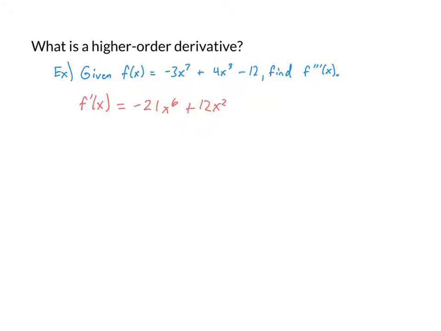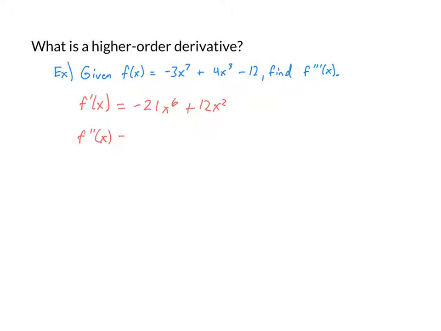All right. Now all we're going to do is keep taking successive derivatives until we have found f triple prime, or the third derivative of f of x, excuse me. And as this is a very simple rule that we're following, I'll just go ahead and write down what the next two derivatives would be. Hopefully it's fairly clear to you.